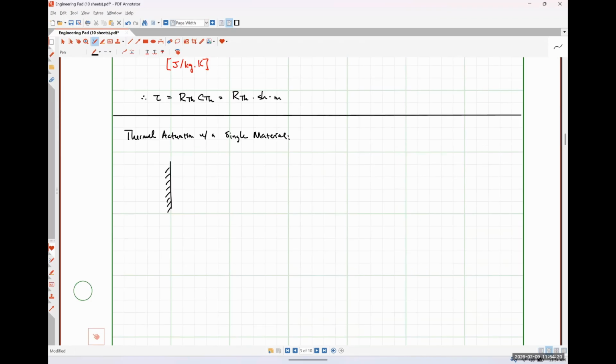So we've got a beam here in the middle that has some temperature gradient across it. Like so, right?